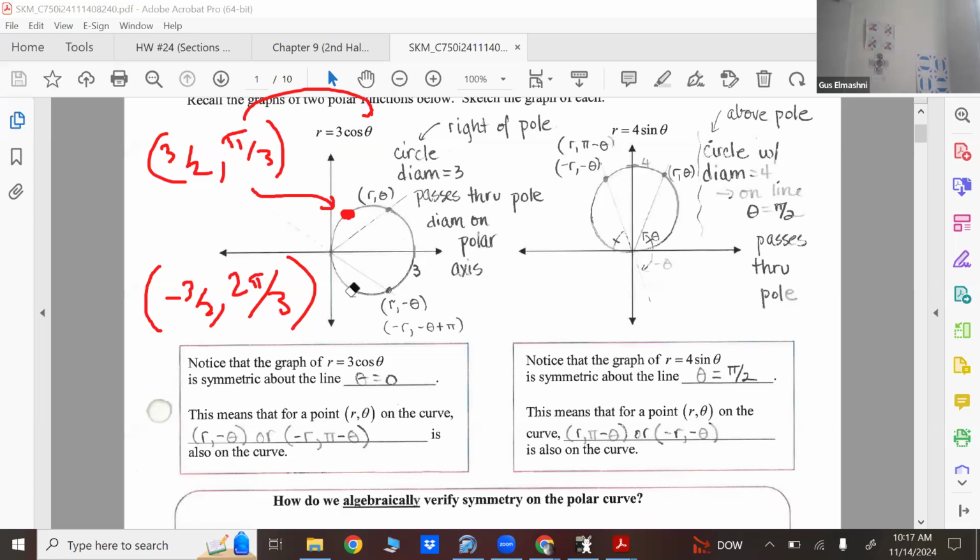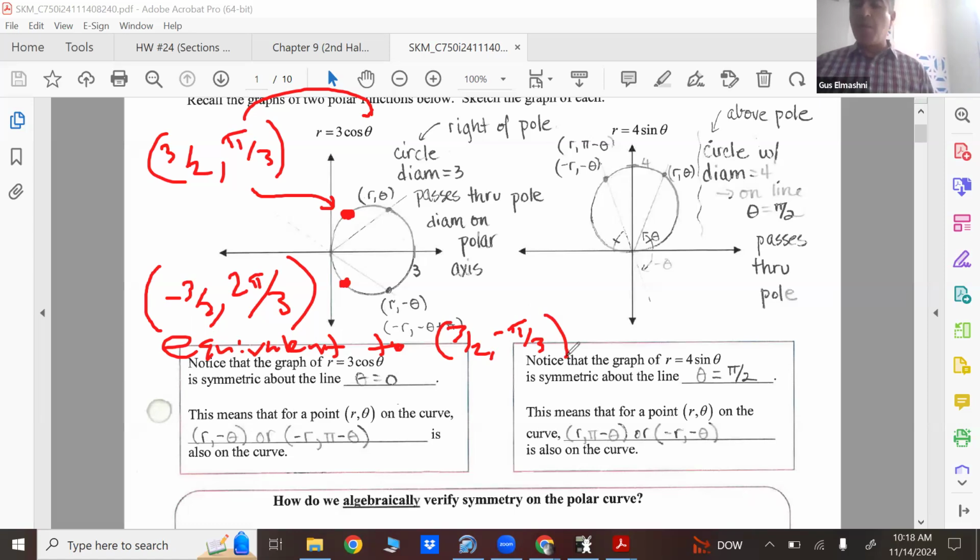So it comes back to the same place as it was with the other point we had. So this is equivalent to 3/2 comma negative pi over 3. It's equivalent. So that's another type of symmetry we have to look out for as well. If you replace r comma theta with negative r and pi minus theta, that'll work.